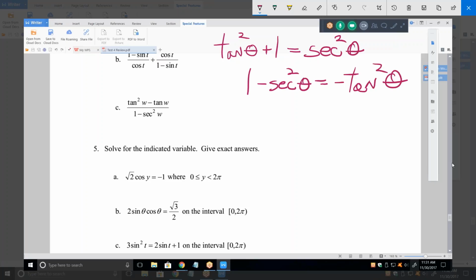That's what it's equal to. In other words, I move the secant squared to the left, I move the tangent squared to the right. This is what I get. That means I can replace that with negative tan squared of w. So now that becomes a much simpler problem. Everything is in tan. What do I do now?